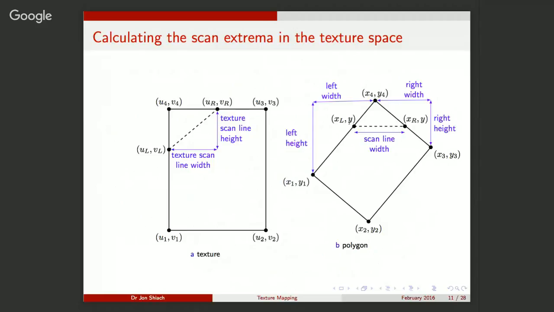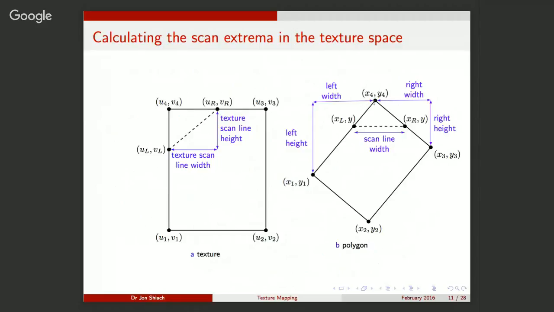Well, on the equivalent one on the texture, this left edge, XL Y, corresponds to UL VL. And XR Y, the right scan extreme, corresponds to UR VR. So that's our scan line in the texture. What we have is, as this point goes down the left side of our polygon, this point in the texture must start at U4 V4 and must end up at U1 V1 when the scan line ends up at X1.